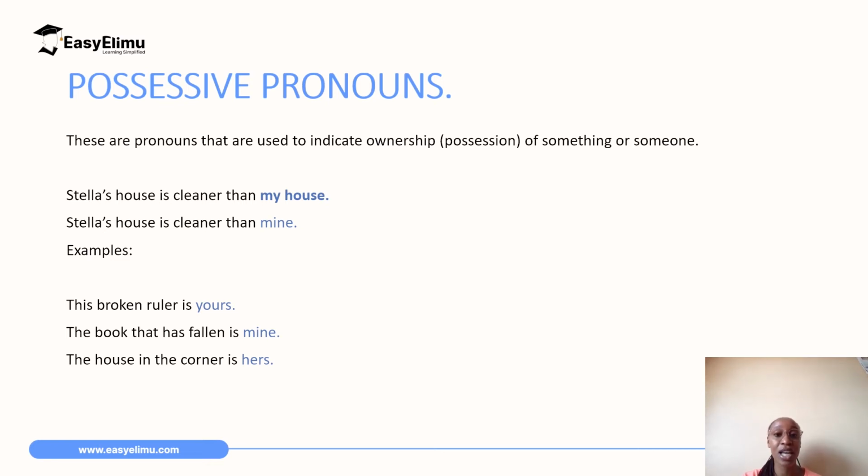Instead of saying the book that has fallen is my book, because that is repetition, you say the book that has fallen is mine. Mine here refers to the book. It shows the ownership. I own that book. And lastly, the house in the corner is hers. Instead of saying the house in the corner belongs to her, you say the house in the corner is hers. Hers is a possessive pronoun.